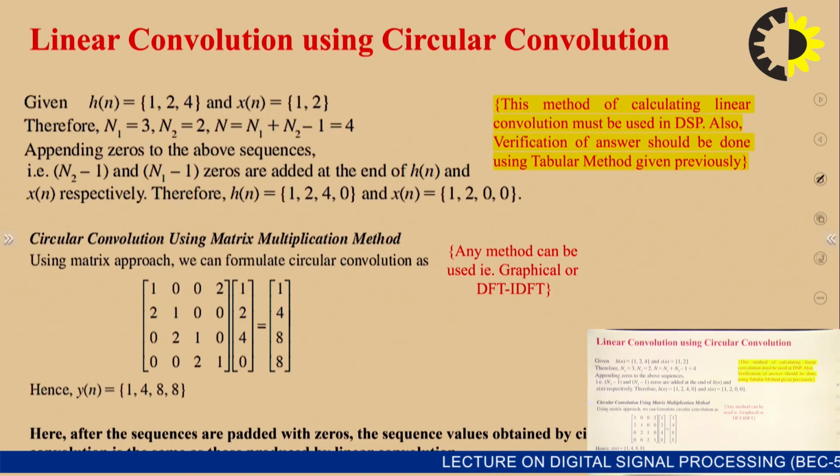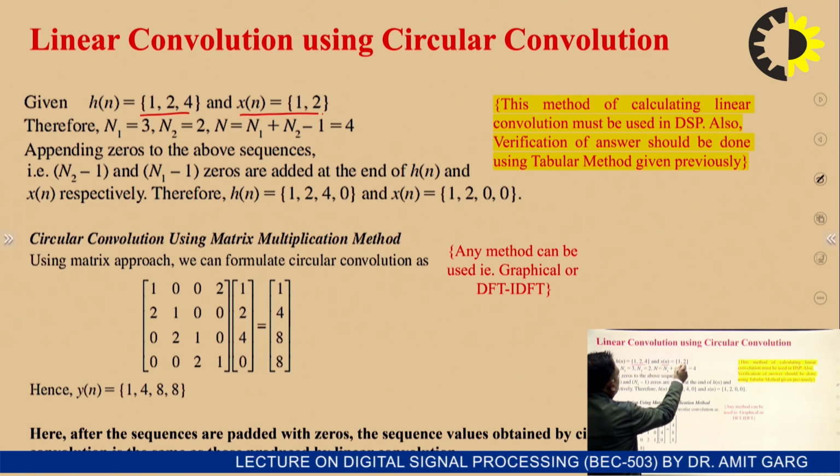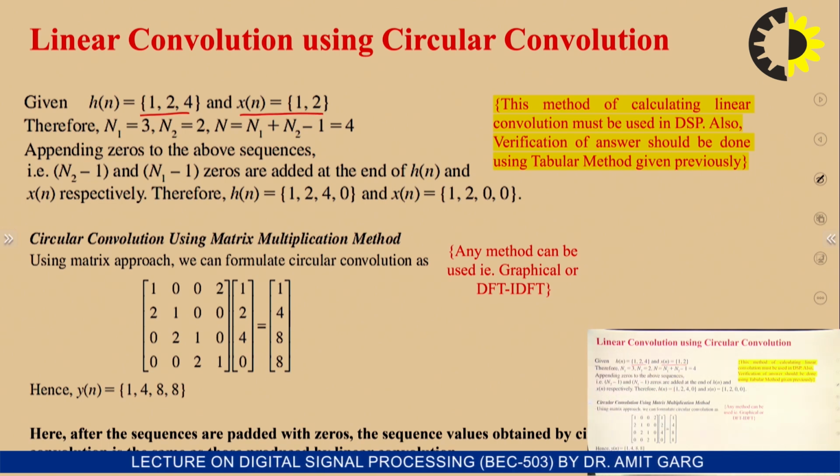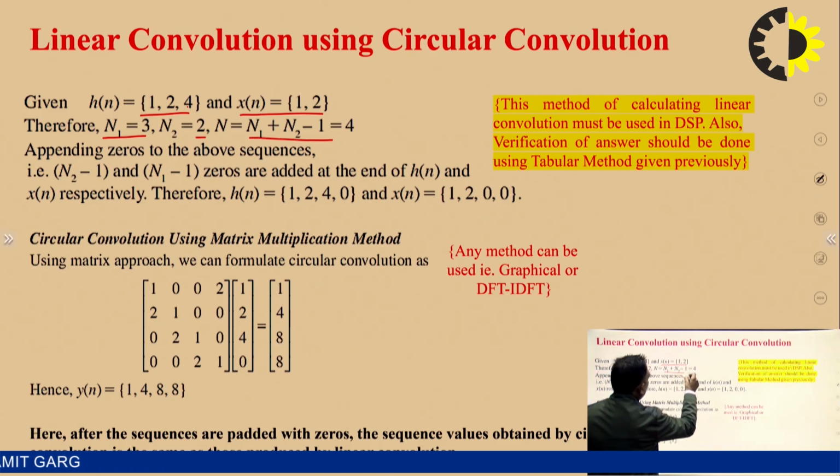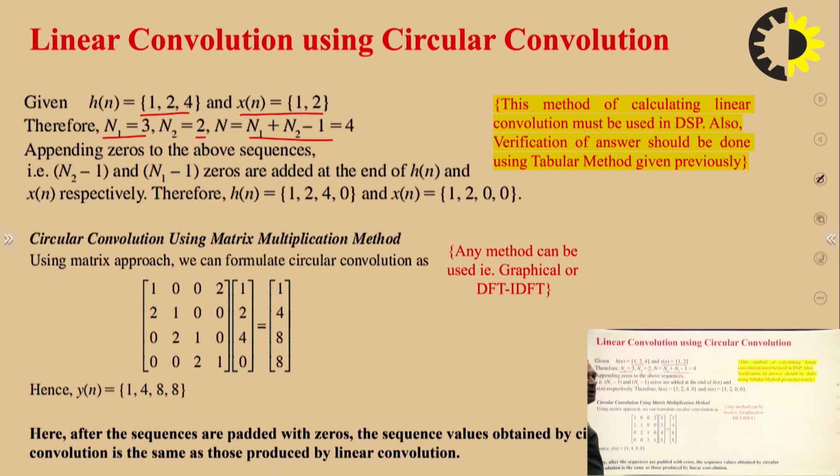Let's say there are two sequences, 1 2 4 and 1 2, and we have to find the linear convolution between them. The length of h(n) is n1, which is 3, and the other is 2. So the length of the convolved sequence will be n1 plus n2 minus 1, which is 4.